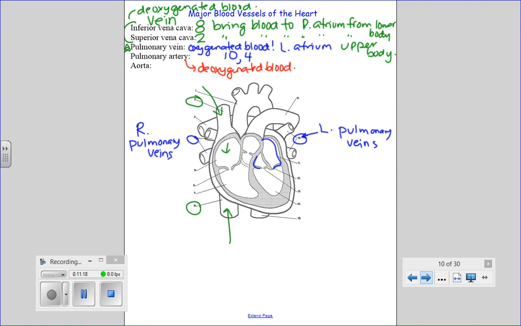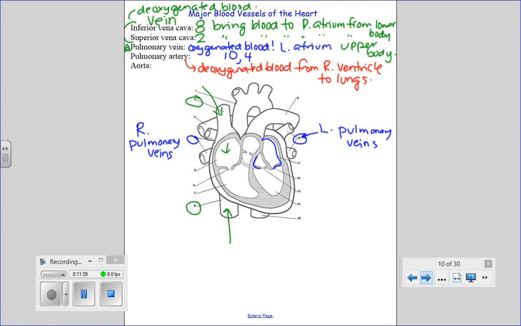Usually arteries have oxygen in them. And the reason this one has deoxygenated blood is because it hasn't gone to your lungs yet. It takes deoxygenated blood from your right ventricle to your lungs.